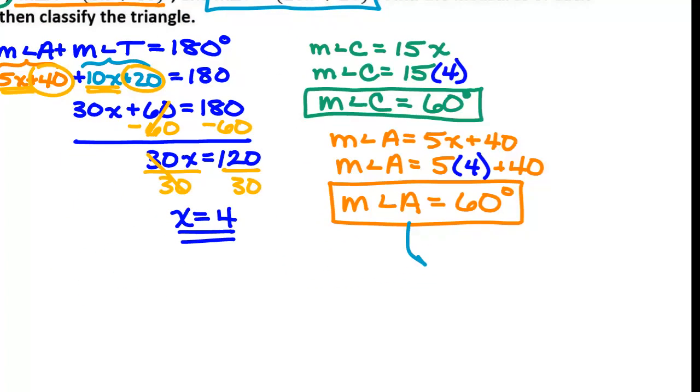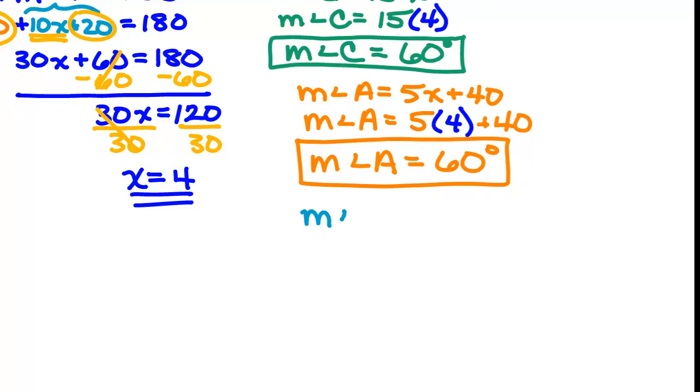Now we still have the measure of angle T. Measure of angle T is 10x plus 20. So measure of angle T is 10 times 4 plus 20.